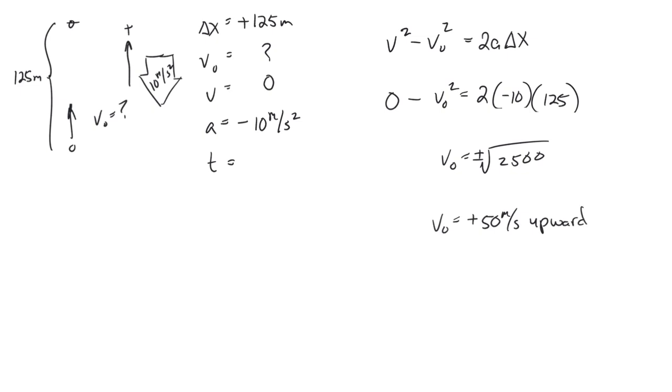Then you're going to be asked to provide the direction for your answer. You were also asked for the time the ball was in the air. So you can use any motion equation now, but I'm going to use one that is fitting for the given information.